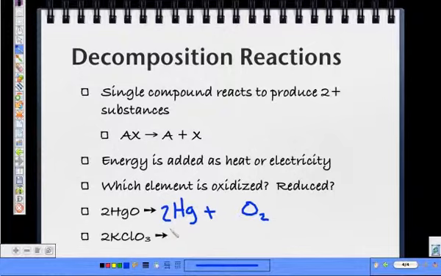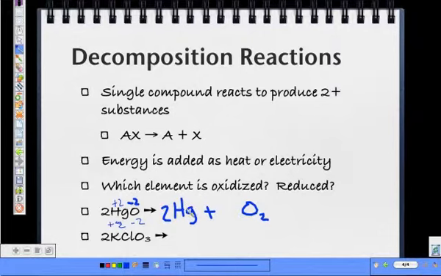So now to figure out if it's oxidized or reduced, we need to figure out oxidation numbers. Here, oxygen is -2, so we'd have -2 down here. This needs to be +2, so +2.